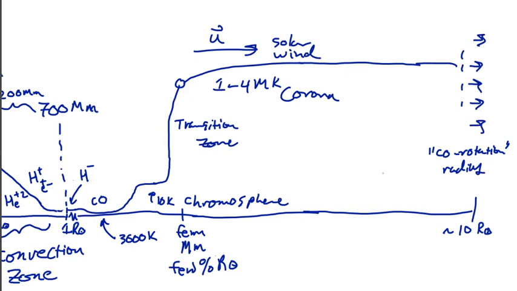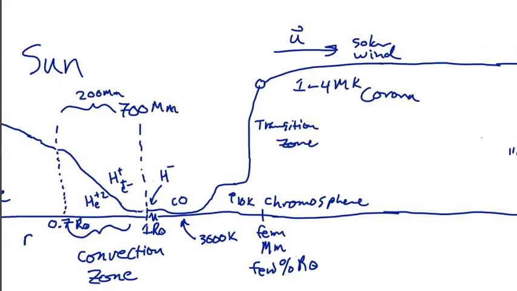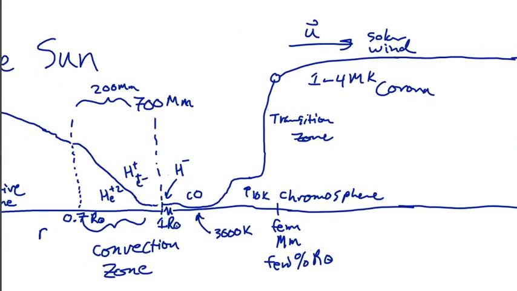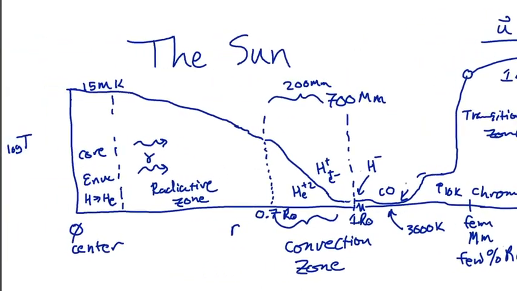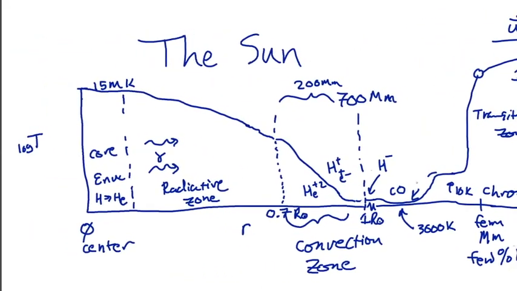So again, going from the outside of the sun inward, it is quite hot, several million degrees Kelvin in the corona. As we come deeper into the atmosphere, it cools down to the chromosphere and then the temperature minimum here. We hit the photosphere of the sun at about 6,000 degrees Kelvin. And then as we go inside, the sun gets hotter and hotter.